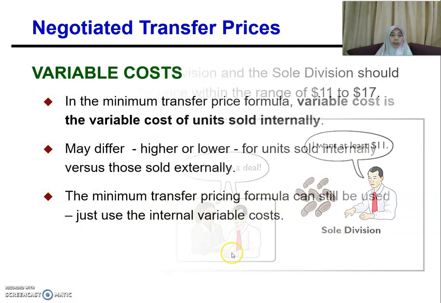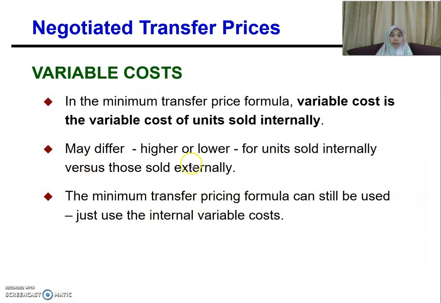So there may be differences. The minimum transfer pricing formula can still be used. Just use the internal variable cost and your opportunity cost. If you have spare capacity, then that will be zero opportunity cost.